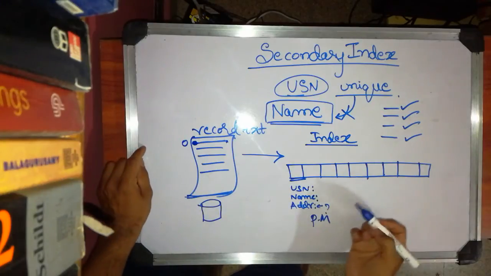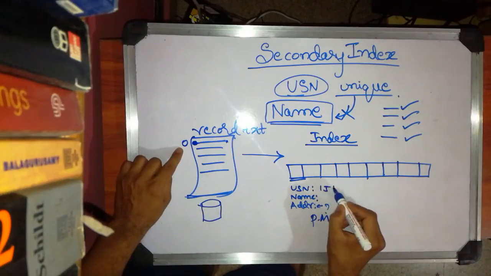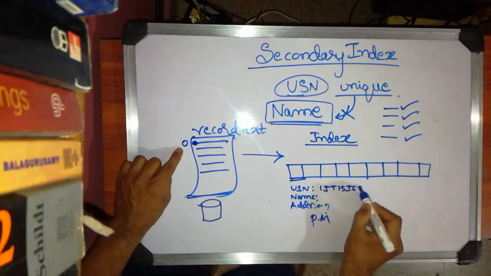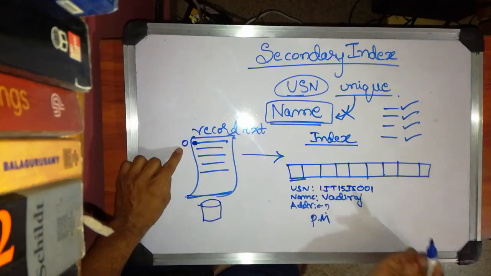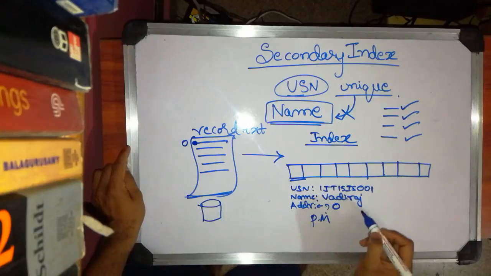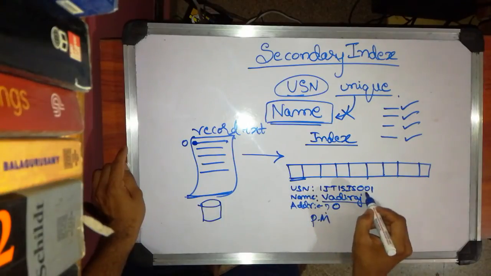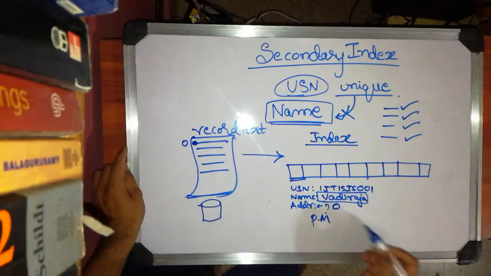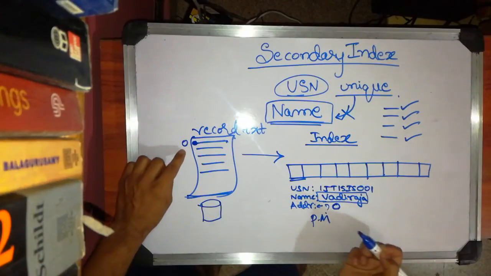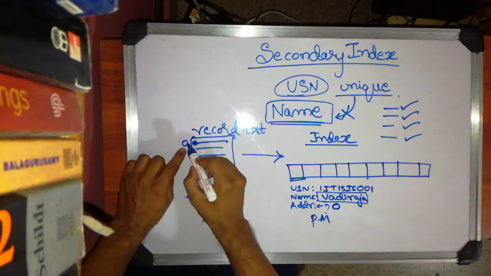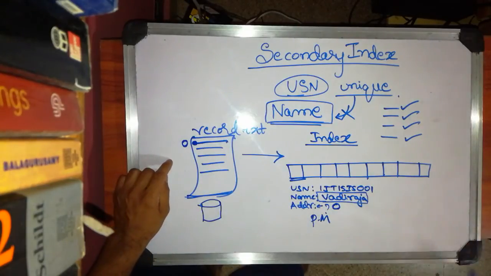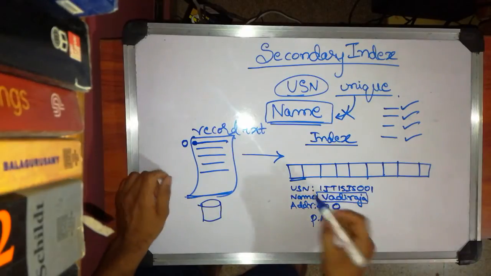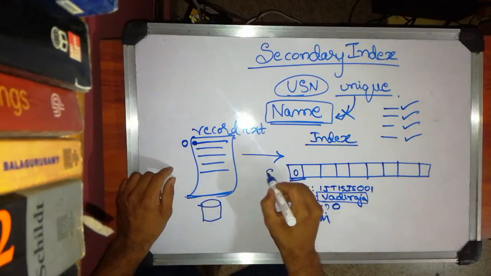So say for example I have USN as 1JT 15IS 001 and name as Vadiraj, and then address would be 0. So next time I want to search somebody with the name Vadiraja, then I know where to go. I'm supposed to go to address 0 in the file, and I'll fetch that line and print it out.